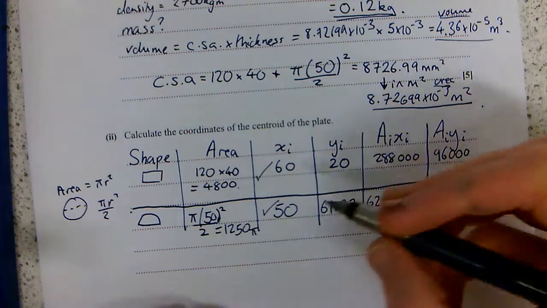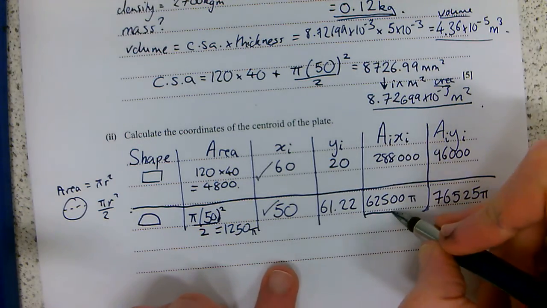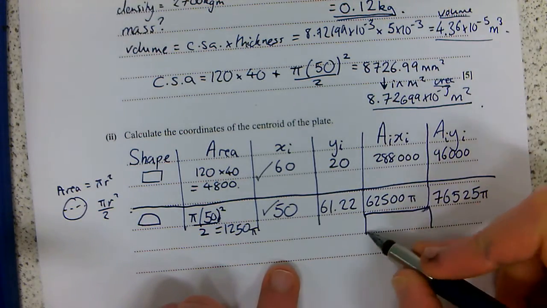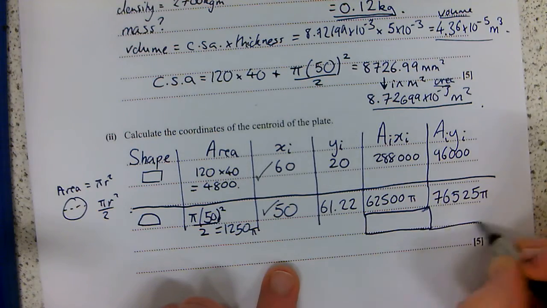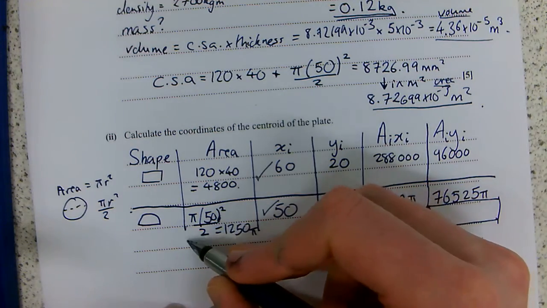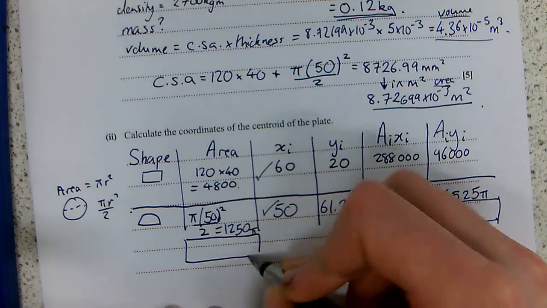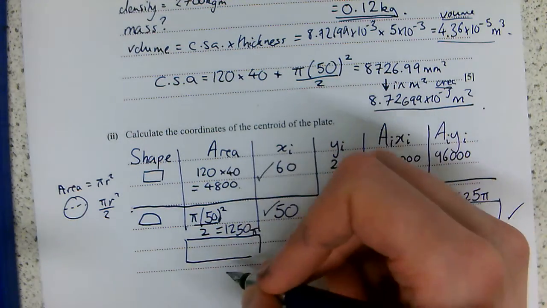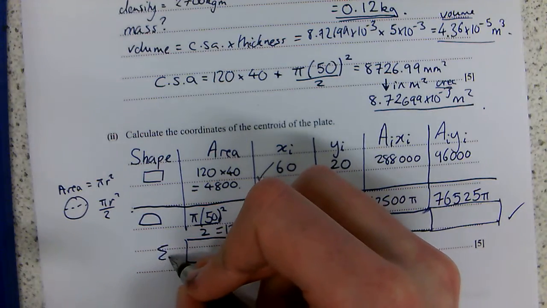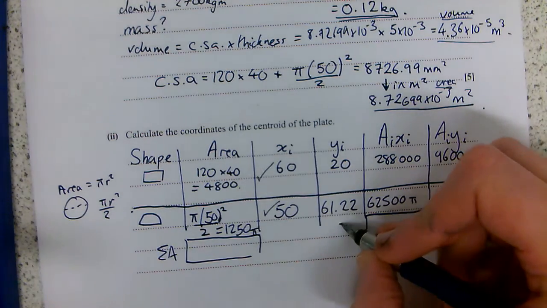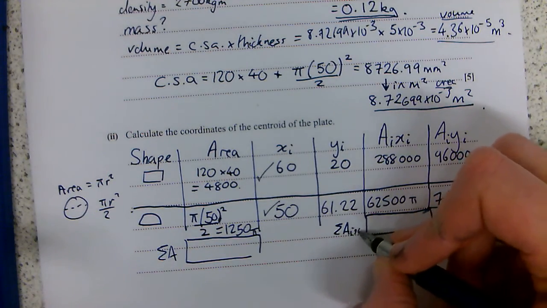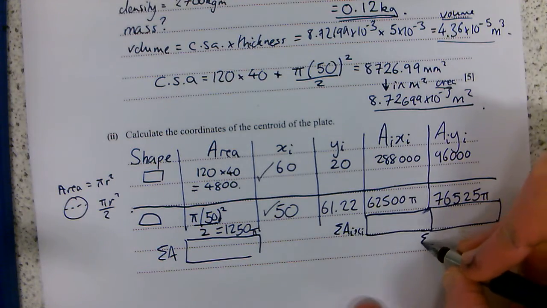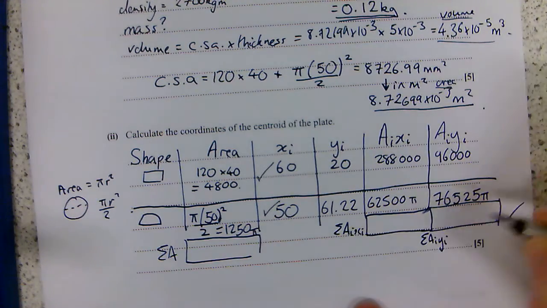comes from the overall method we have used. We're using the table method, so having our table with the totals at the bottom would have got us our third mark. So let's look at this. We need the total area, the total of our Ai xi's, and the total of our Ai yi's.